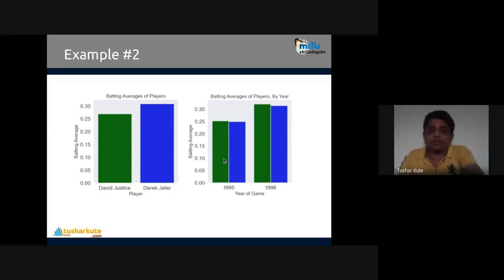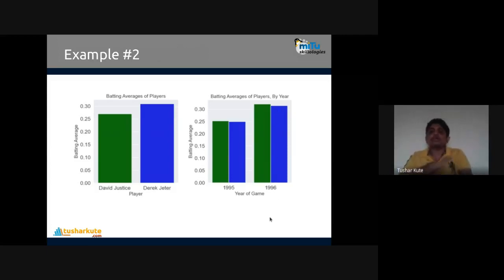For 1995, David Justice has 0.25, and Derek Jeter has 0.24 something. For 1996, David Justice has 0.32, and Jeter has 0.31.